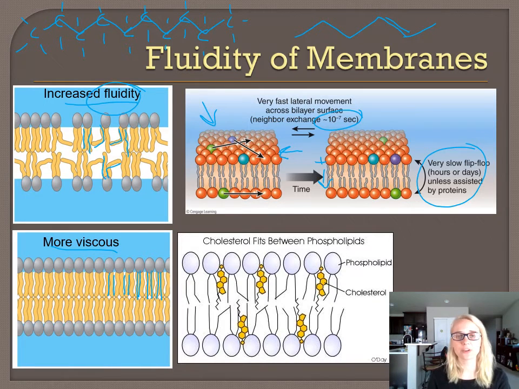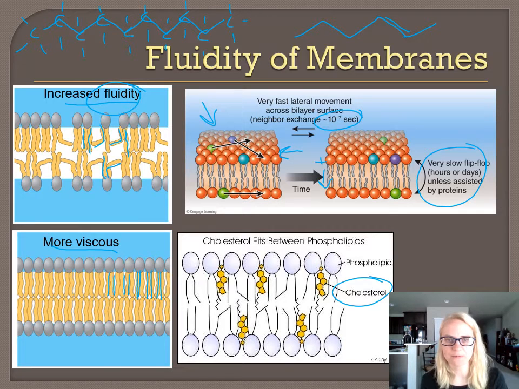And then lastly, another characteristic that affects fluidity is cholesterol. So again, going back to that lipids section in chapter 3, cholesterol is a type of lipid. It is a four-ringed molecule. They make this the foundation for steroid hormones and other types of chemical messengers. But they also serve an important part in membrane structure.